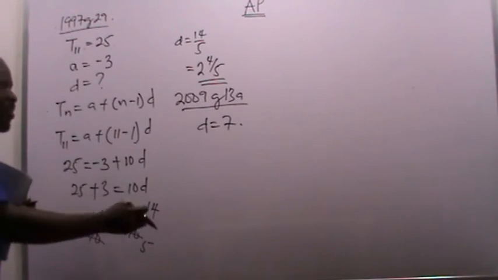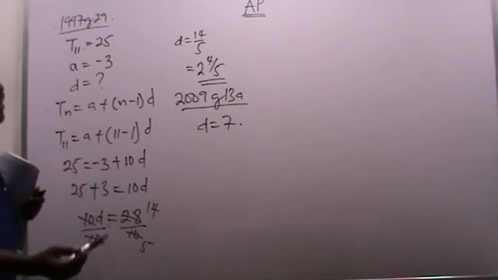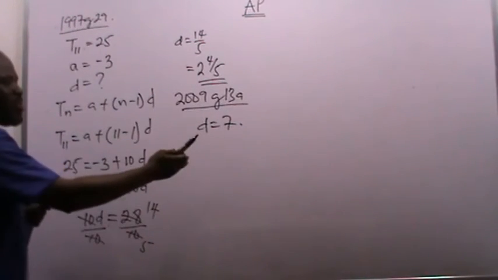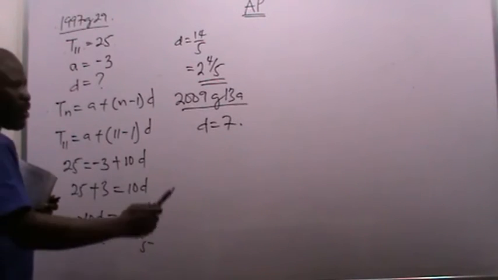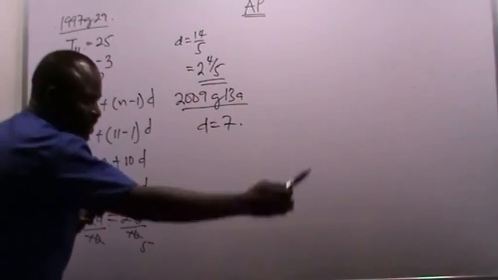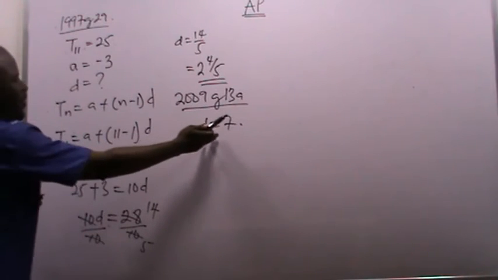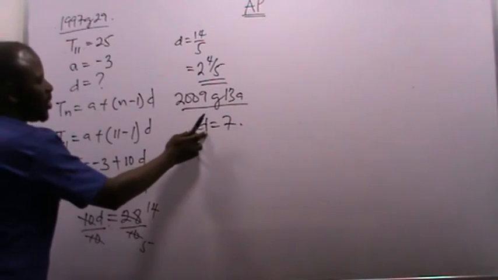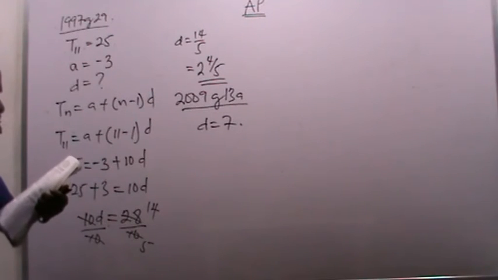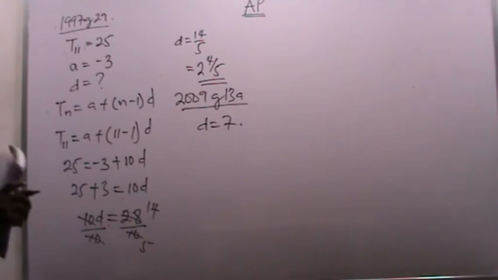It's just like having numbers divisible by 2: 2, 4, 6, 8, 10. So numbers divisible by 7 will be 7, 14, 21, 28. So the common difference will be 7. They now said this number must be between 75 and 500.